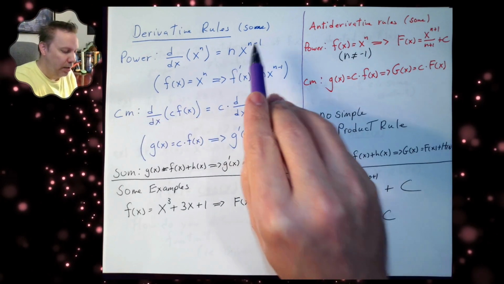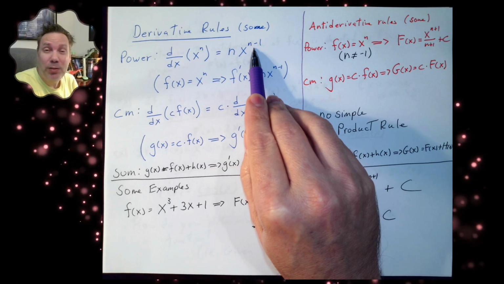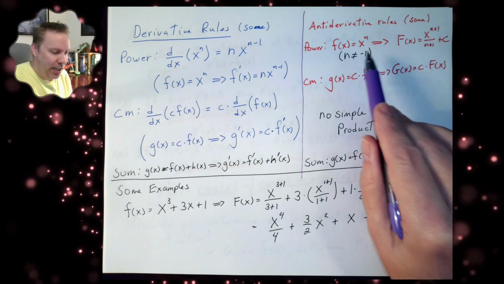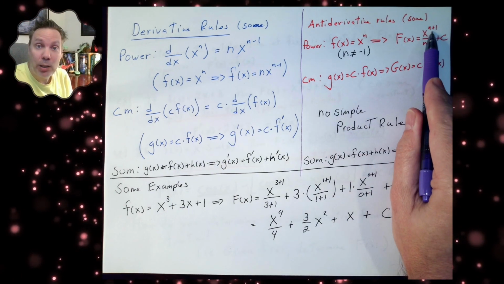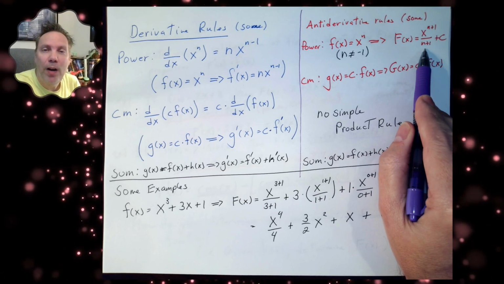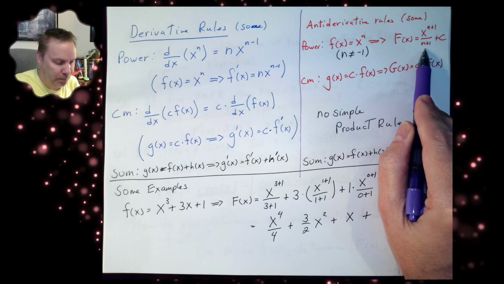Well, what do I do to the power over here? I subtract 1. What's the opposite of subtracting 1? Adding 1. So I am going to increase the power by 1, so that exponent is n plus 1. And I'm going to divide by the new power, so I'm dividing by n plus 1.